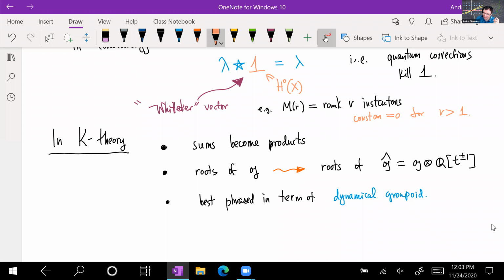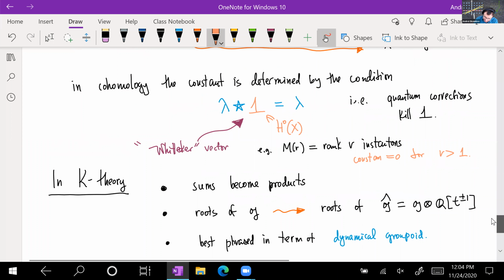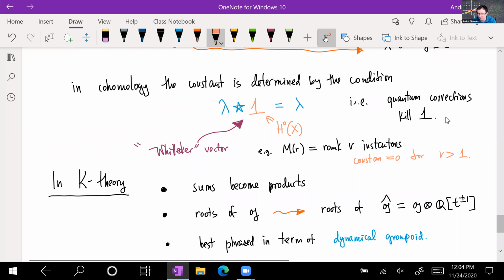It's not exactly 100% figured out. First of all, this whole computation is harder in k-theory, but also the statement that quantum correction will kill one is, strictly speaking, not true in k-theory. They kill something else, and you have to be a little bit more specific about that.